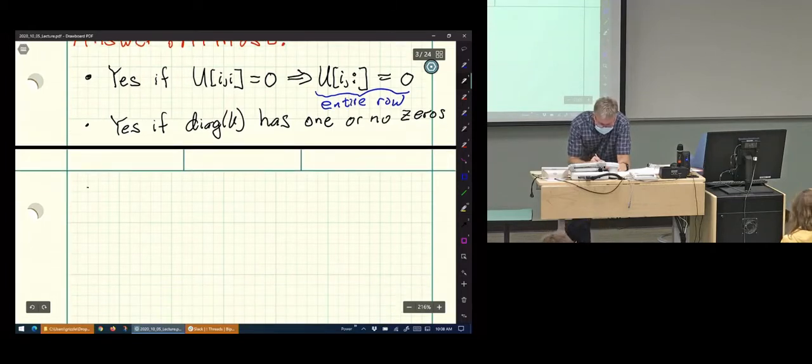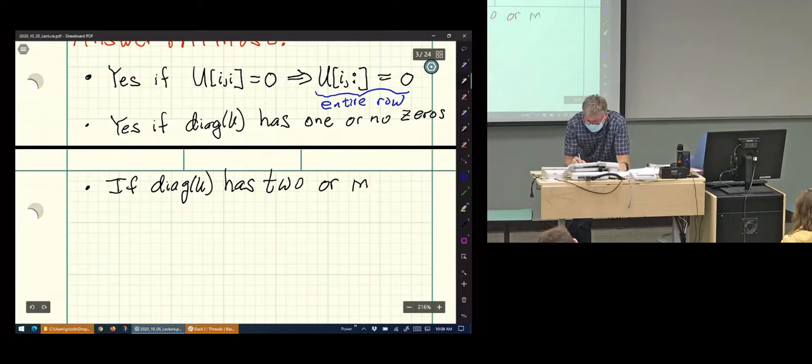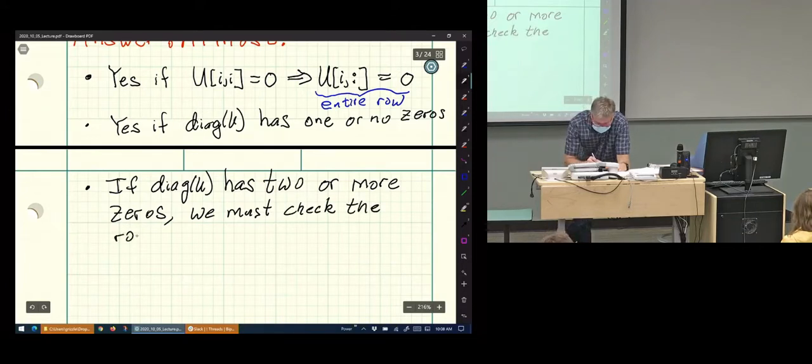And just to be clear, if the diagonal of U has 2 or more zeros, we must check the rows, the row condition above.